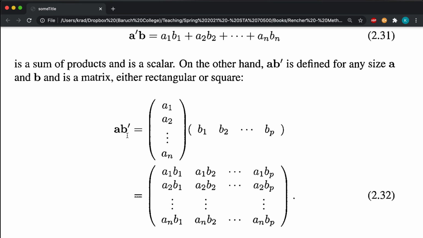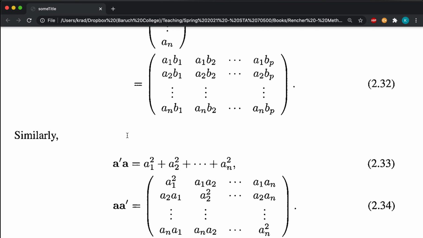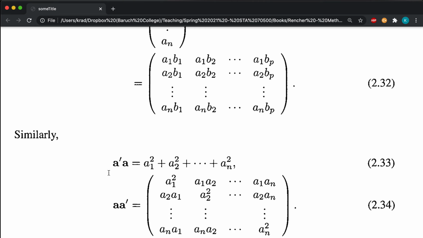Now, on top of that, something that has a special meaning here is A transpose A. A transpose A will give you A1 square plus A2 square plus AN square, and it has a physical meaning. But before we go into that, let's look at the outer product of A with itself.